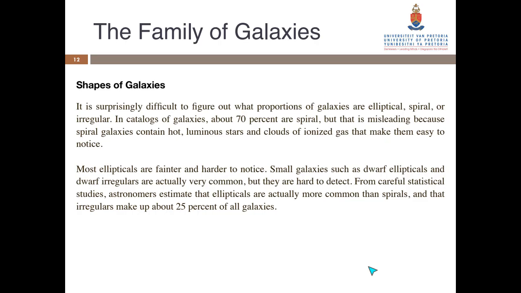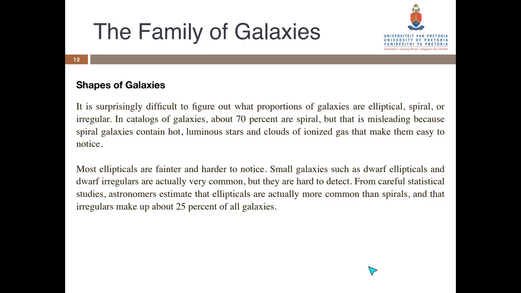So it is surprisingly difficult to figure out what proportions of galaxies are elliptical, spiral, or irregular. In catalogs of galaxies, about 70% are spiral, but that is misleading because spiral galaxies contain hot luminous stars and clouds of ionized gas that make them easy to notice. Most ellipticals are fainter and harder to notice.